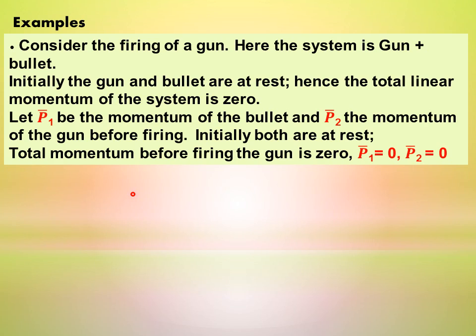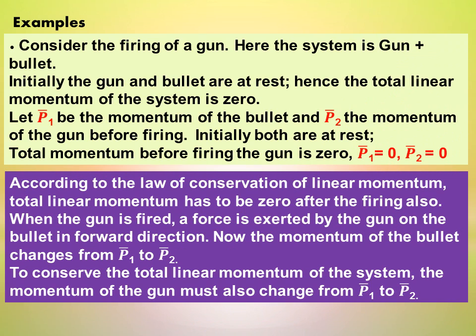Let p1 be the momentum of the bullet and p2 be the momentum of the gun before firing. Initially both are at rest. Now the total momentum before firing of the gun is 0, so p1 is equal to 0 and p2 is equal to 0. According to the law of conservation of linear momentum, the total linear momentum has to be 0 after the firing also.